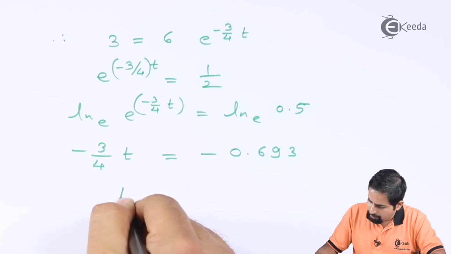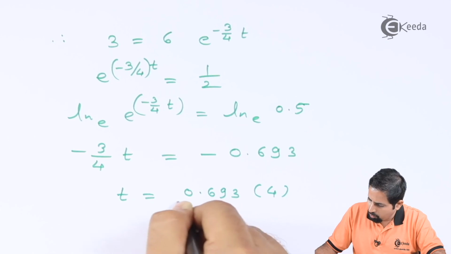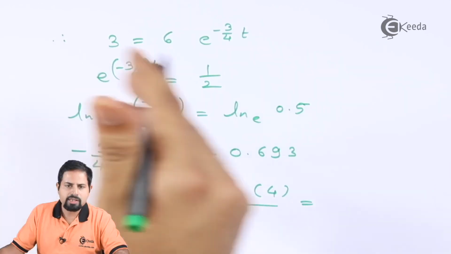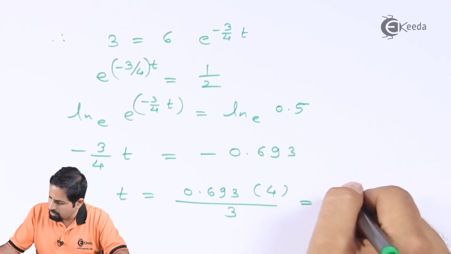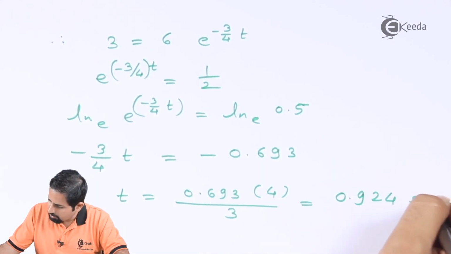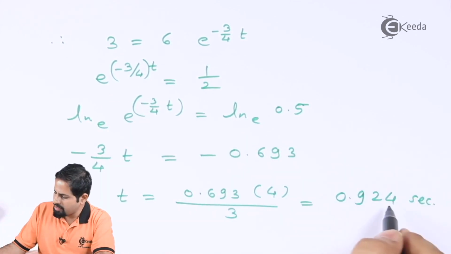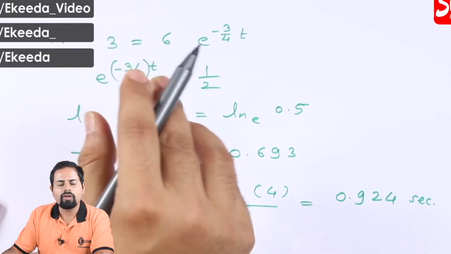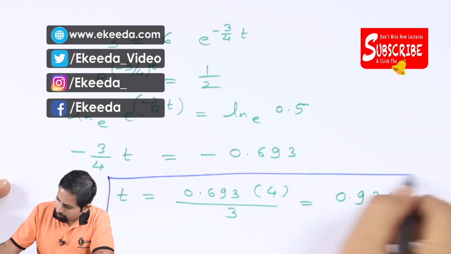So this time t will be 0.693 multiplied by 4 divided by 3, which is 0.924 seconds. That means obviously this time is greater than 0, that at this instant of time our value of current will be half of its initial value. So this is the required time.